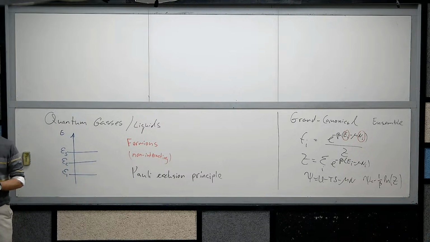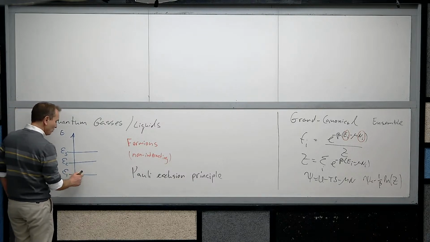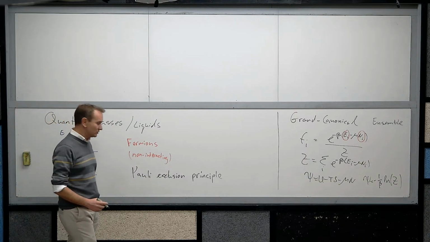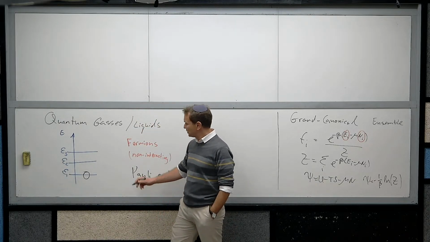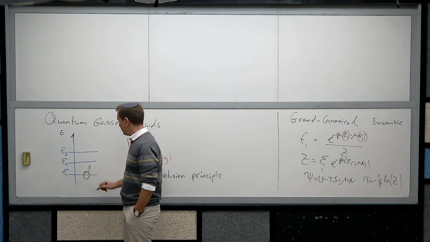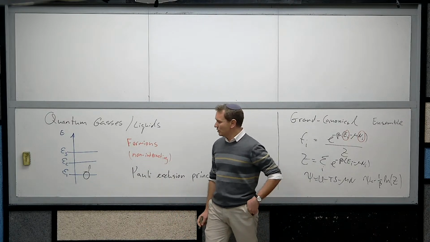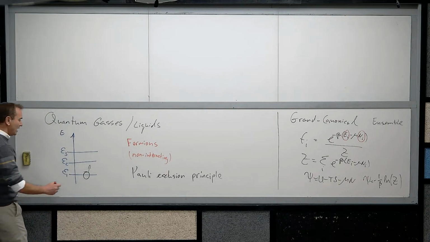What I mean by that is, the moment I put one fermion with spin up in the state epsilon 1, no other fermion with spin up is allowed.